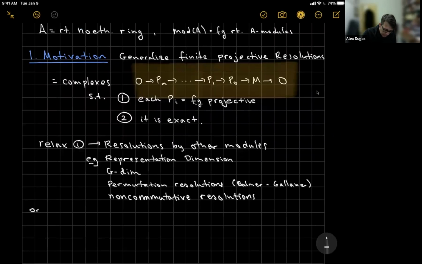The other option, which is really what our focus will be here today, is if we relax condition 2. And this leads to the notion of non-exact resolutions by projectives. And we might put resolutions in quotes there.